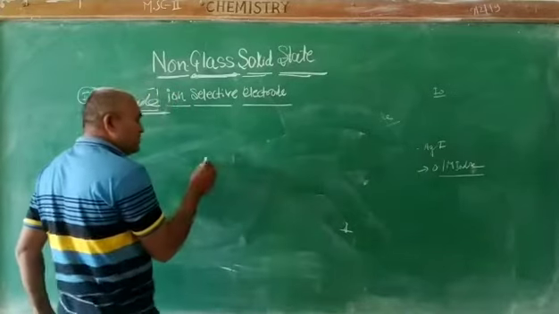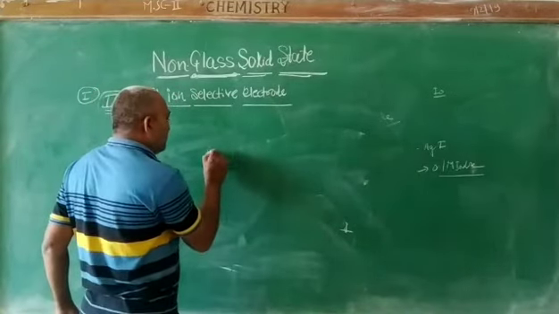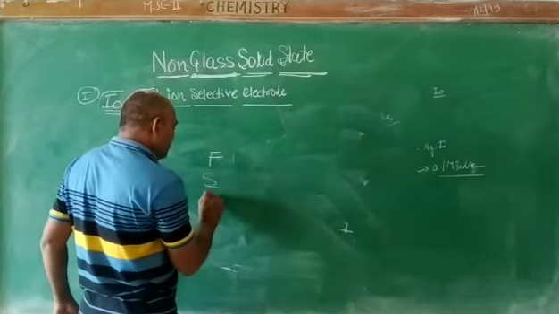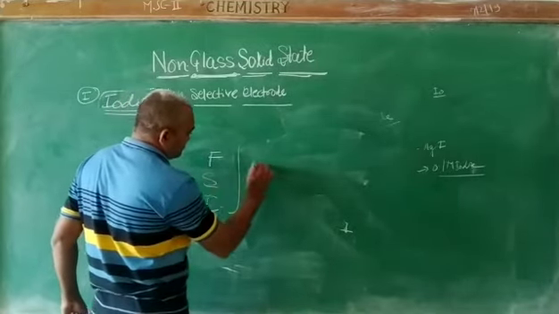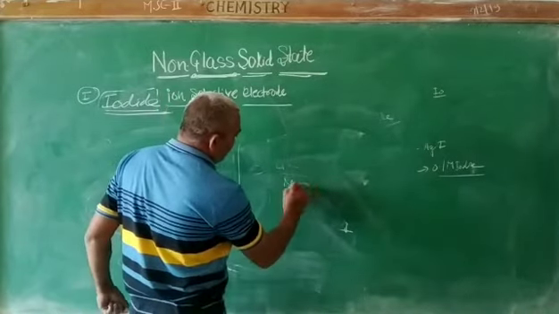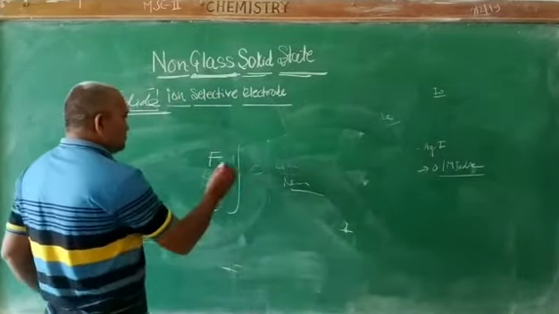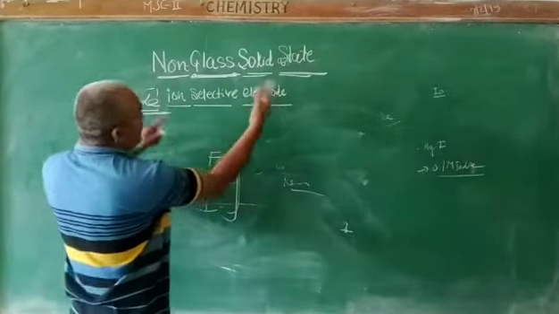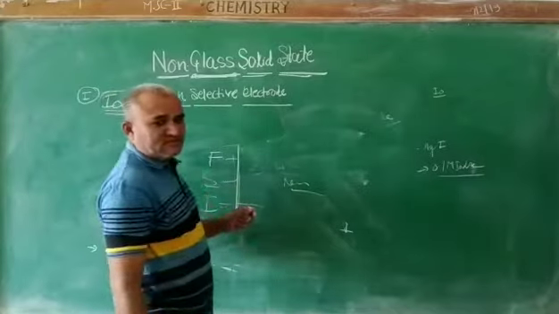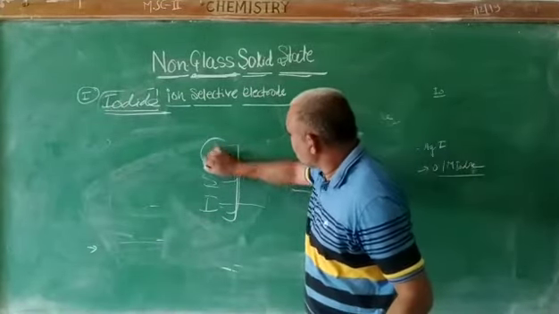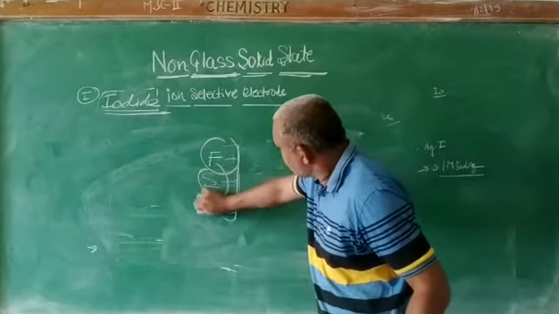In the exam, they can ask which type of electrode is useful for detection of fluoride or sulfide or iodine: glass electrode or non-glass electrode. For detection of fluoride, sulfide and iodine, we use the non-glass electrode and the crystals of the specified ions.